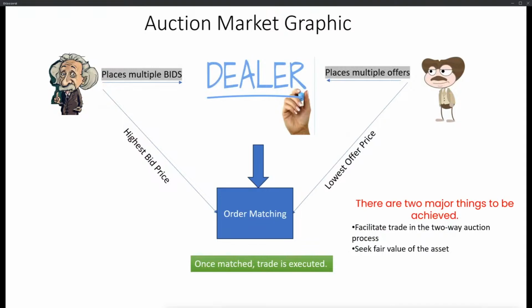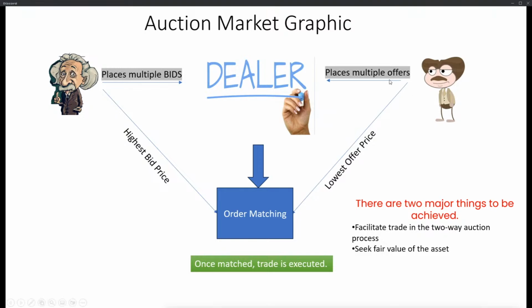Okay. So I created this graphic after we had a couple of classes and a few questions came up. Without the dealers and the locals, the market auction would be really bad liquidity-wise.